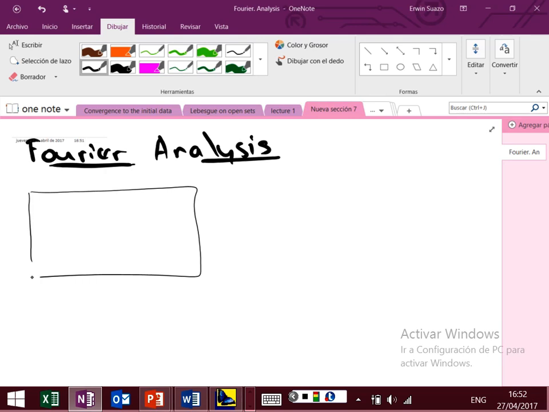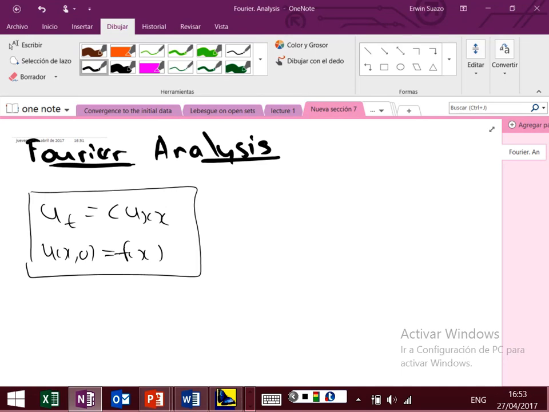So suppose you have the partial differential equation u_t equals c u_xx, with u(x,0) equals f(x). What we're going to do is reduce this partial differential equation to an ordinary differential equation problem.